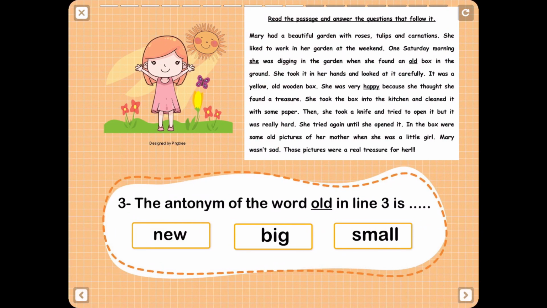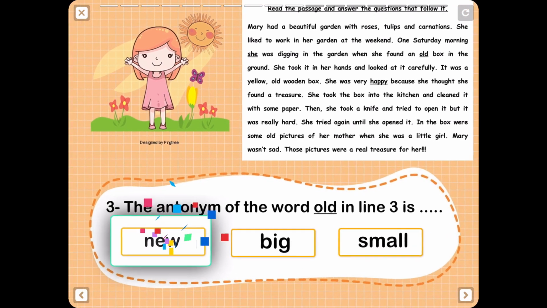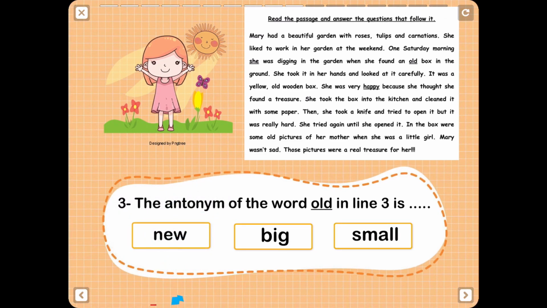Number 3, the antonym of the word old in line number 3 is new, big, or small. New, yes, good job.